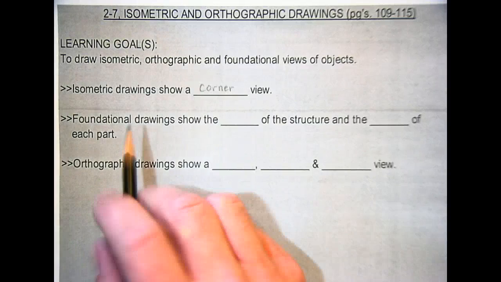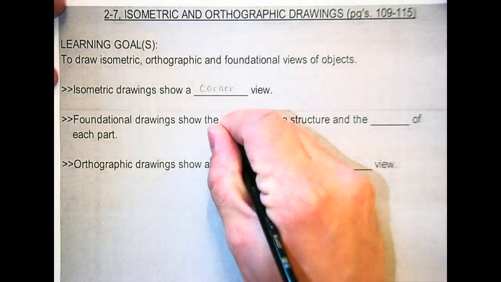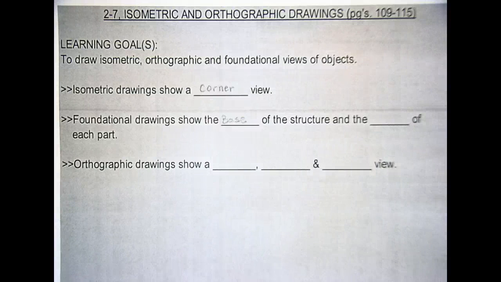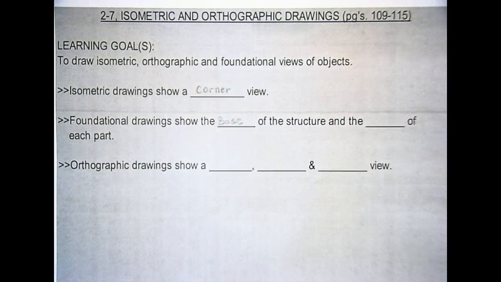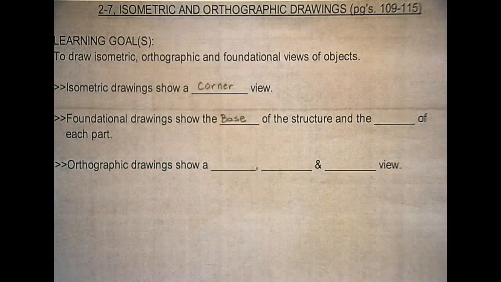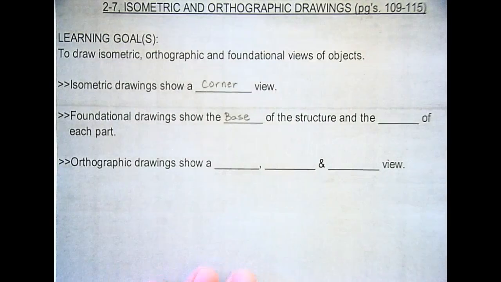All right. Foundational drawings show the blank of the structure and the blank of each part. Well, it shows the base of the structure. Now, some people like to think of that base, they tend to say, doesn't that just show the top part of it? Well, it does, if you want to think of it that way. It makes it a little easier to see. So you could say it kind of shows the top of it.